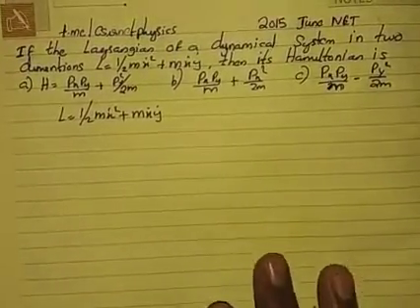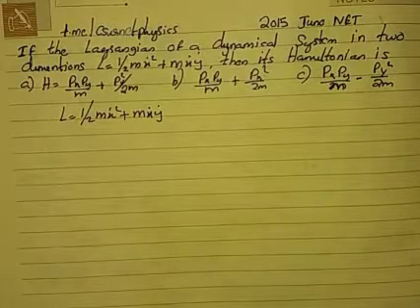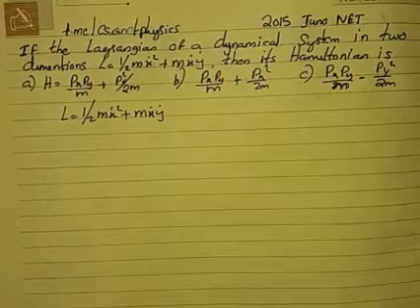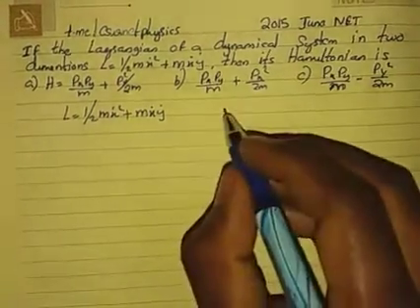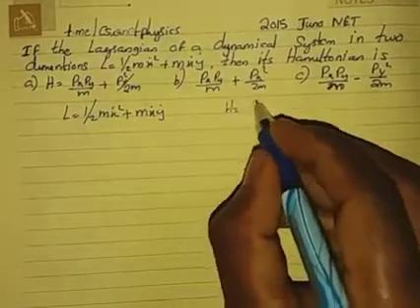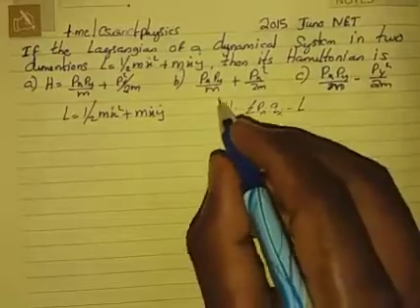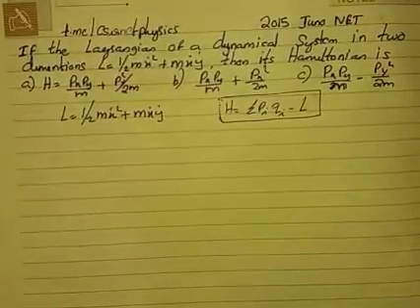This is extremely simple. We have already done several problems corresponding to such a situation where we are given a Lagrangian and we need to find out the Hamiltonian. What we basically know is that the Hamiltonian is the sum of p_i q_i minus the Lagrangian, where p_i is the conjugate momentum and q_i is the generalized coordinate.